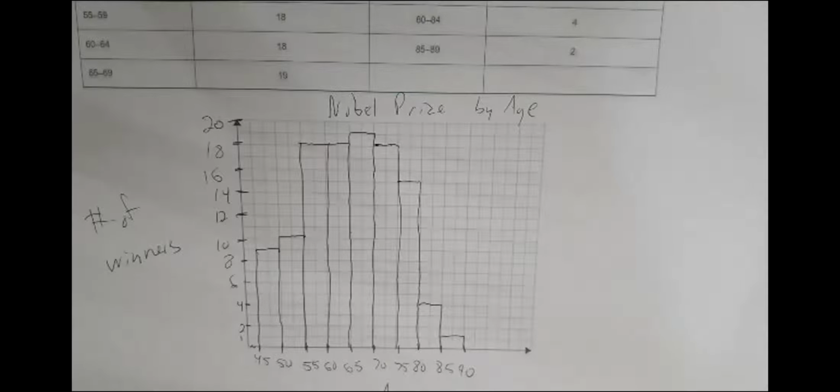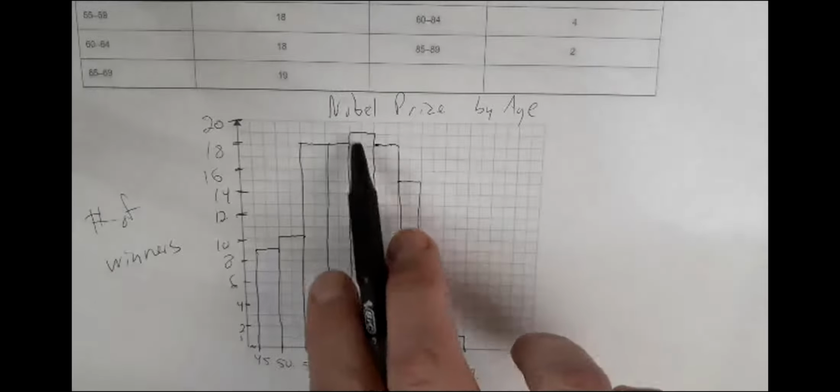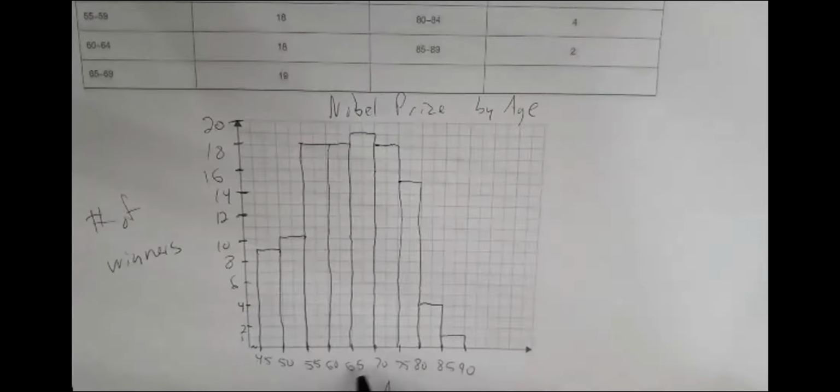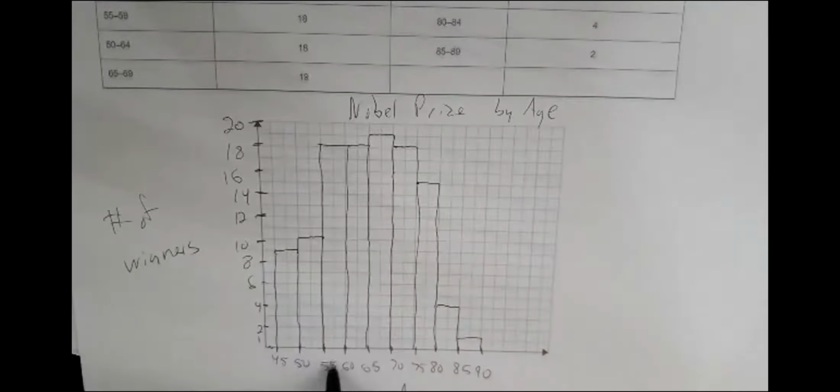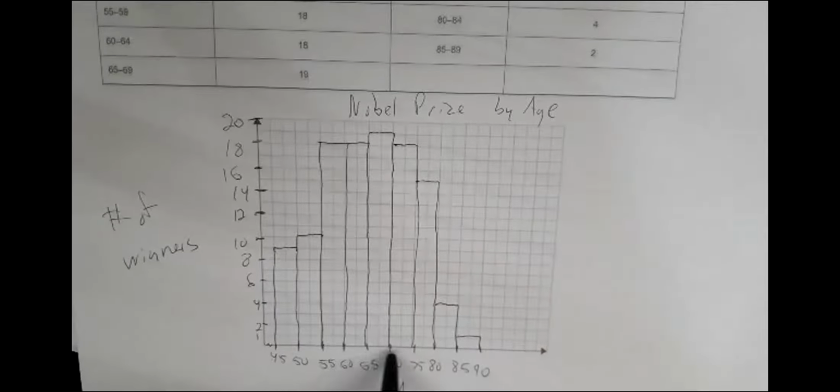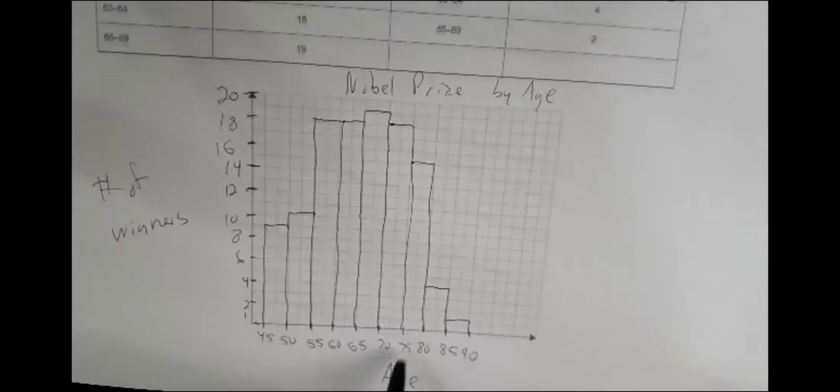The younger you are, the less likely you are to be a Nobel Prize winner until you reach about 70 years old, 75 or something. Yeah, so I would say that most of them are falling in this age range, right? From I think 65 to 70. So this is like where most of them are winning, from like 55 to 75 in general, right?